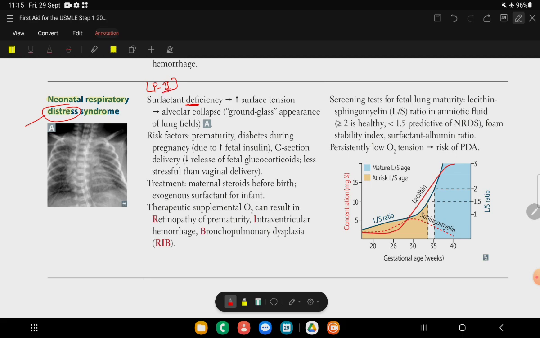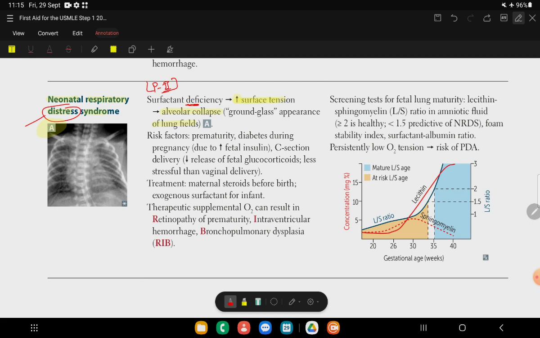If there is surfactant deficiency, that leads to an increase in surface tension, and that leads to alveolar collapse, and it gives a ground glass appearance of the lung field. So you can see here, this is the ground glass appearance.